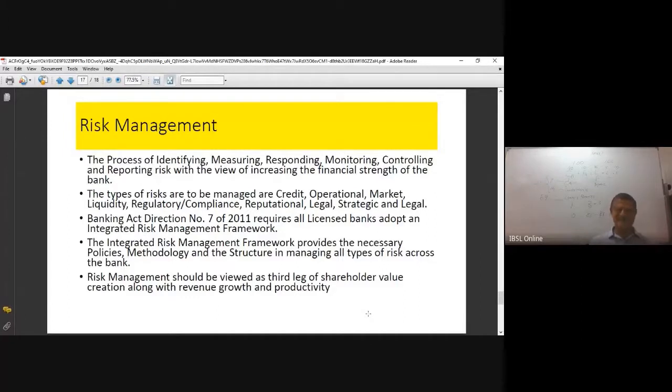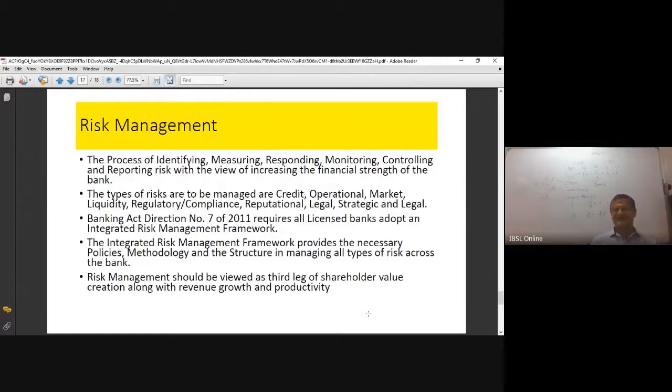But risk management, if I am to give you a definition, is also a process. And this process starts with identifying what the risk is. Then once you identify it, you need to measure it. That means you need to do some sort of calculations. You need to know how much you are going to lose or how much you are going to gain based on the risk in that particular process. Then you need to respond.